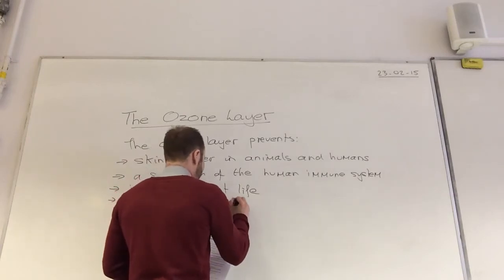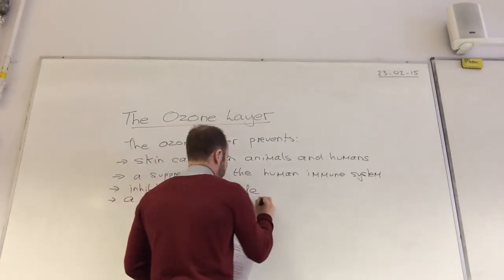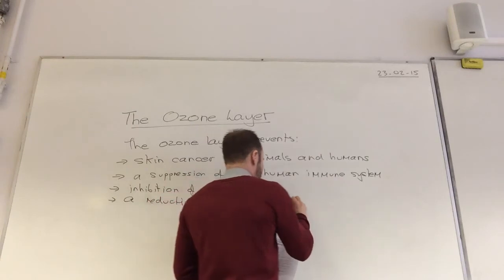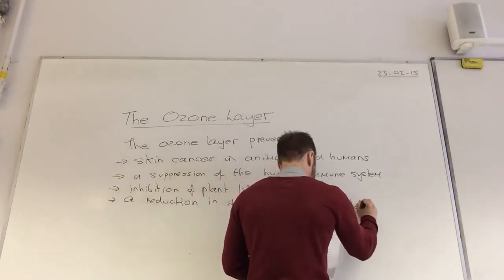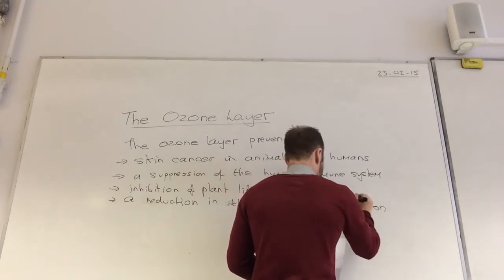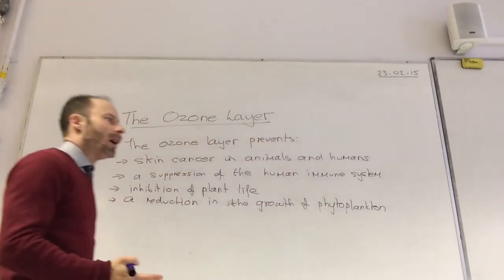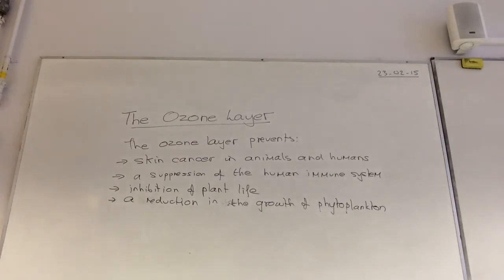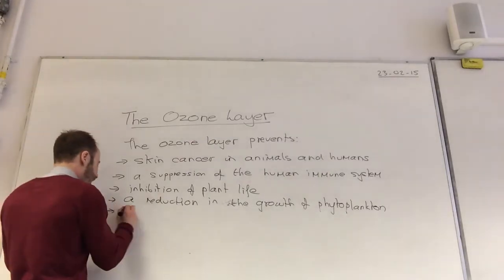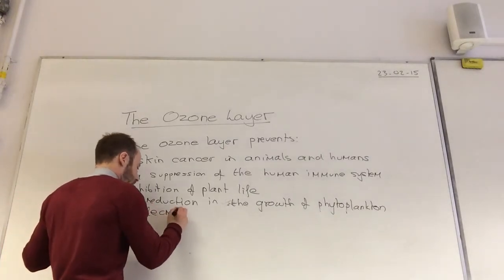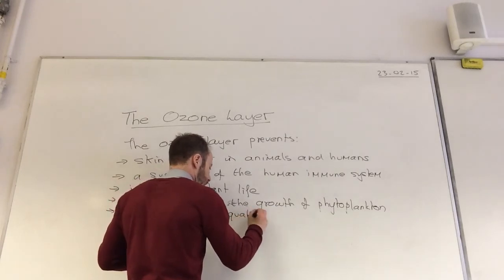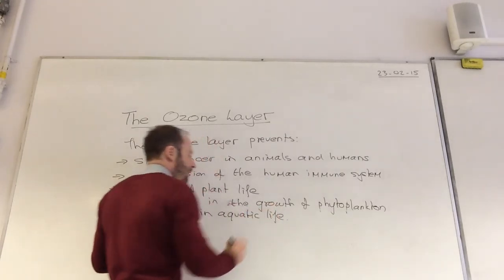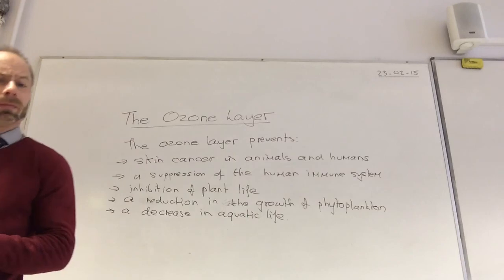And also a reduction in the growth of phytoplankton, which you need for food webs and so on, food chains, and also a decrease in aquatic life. Because it would be bad for the fishies as well, as it penetrates the water.